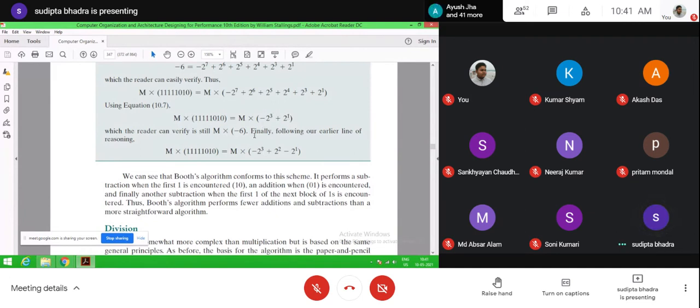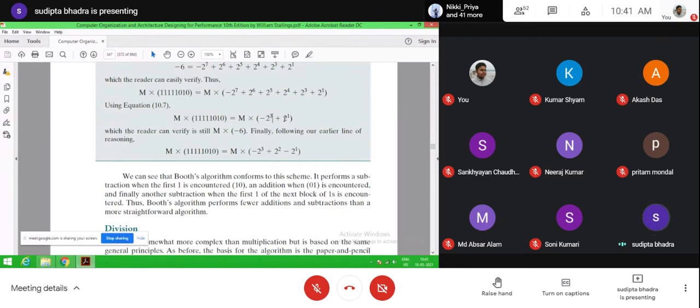So this also means that 2 to the power minus 2 to the power 3 means what? 8 minus 8 plus 2 means minus 6. Okay.